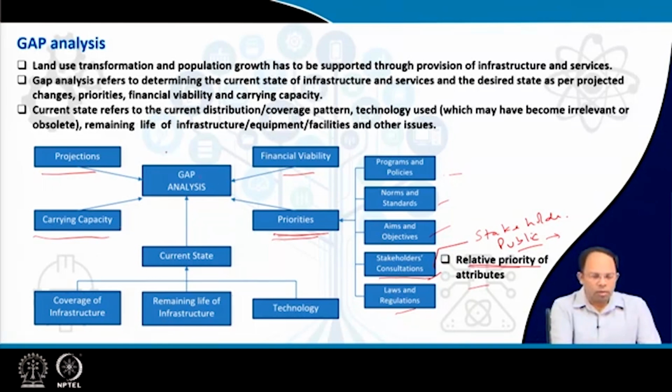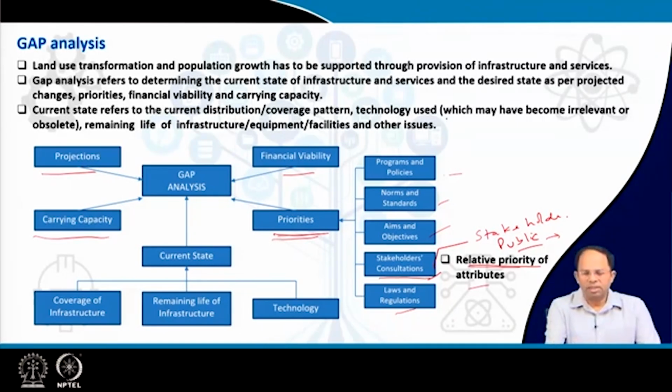Now, what needs to be provided can be determined based on all this, but we first have to understand what is the current state of affairs. Current state of affairs refers to the current distribution or coverage pattern or technology used or the remaining life of infrastructure, equipment or facilities and other issues which determine the current status of service provision in that particular area.